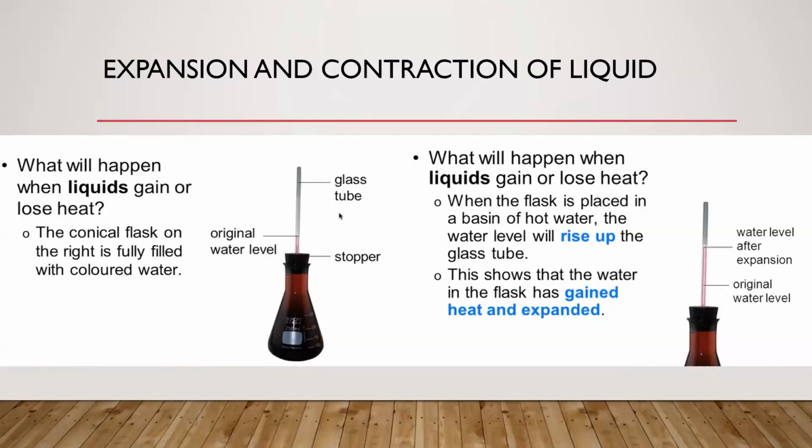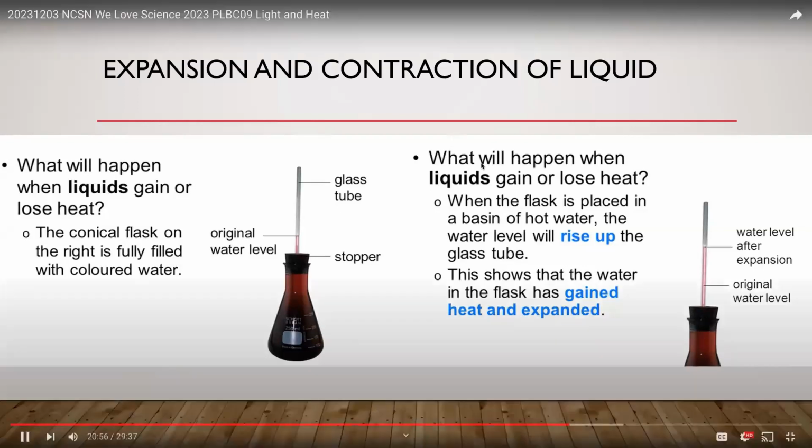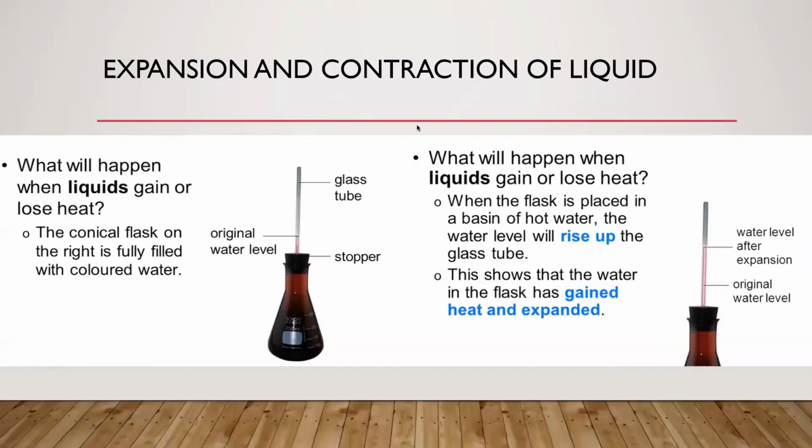When this flask is placed in a basin of hot water, the liquid in the flask gains heat and expands. When the water expands, its volume increases. Therefore, the water level in the tube rises. When you see the water level rise after expansion, this shows that the water in the flask has actually gained heat and expanded.